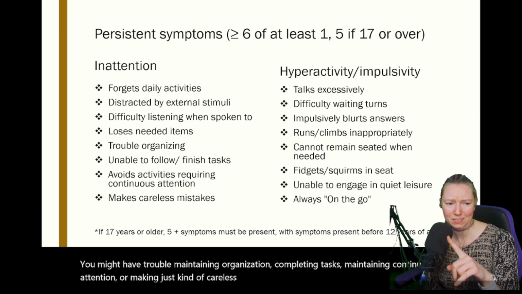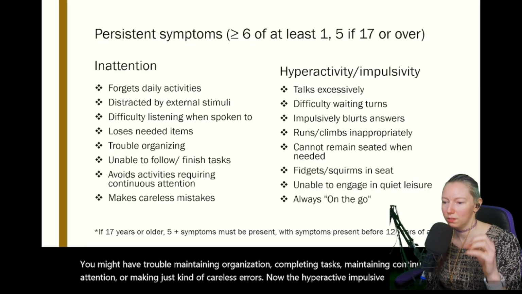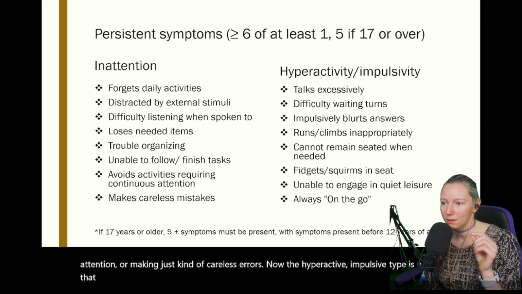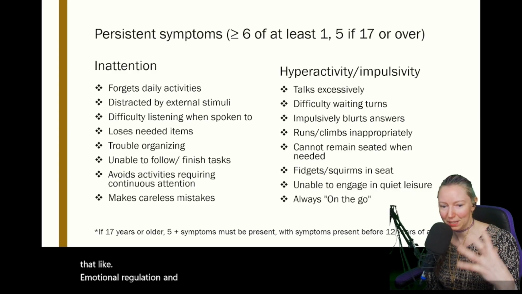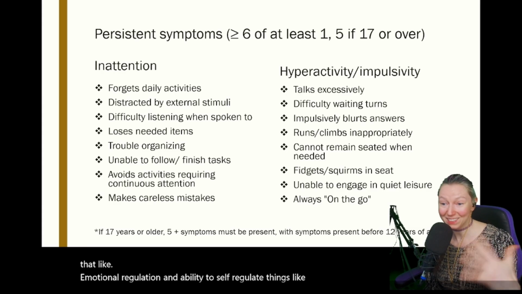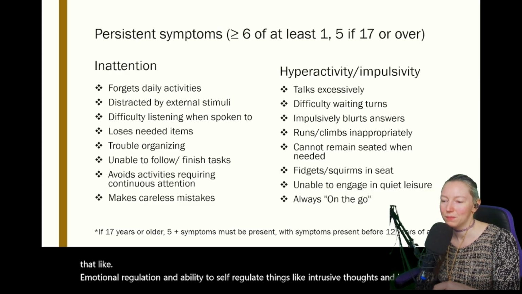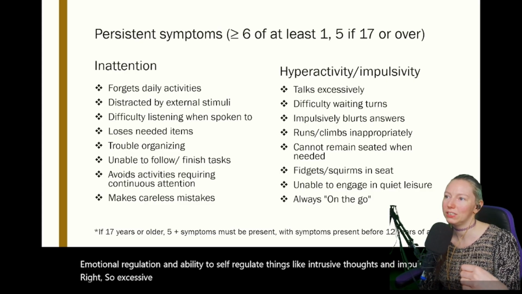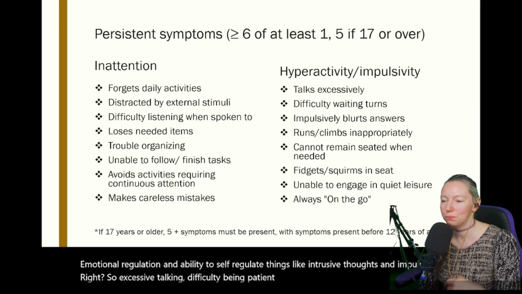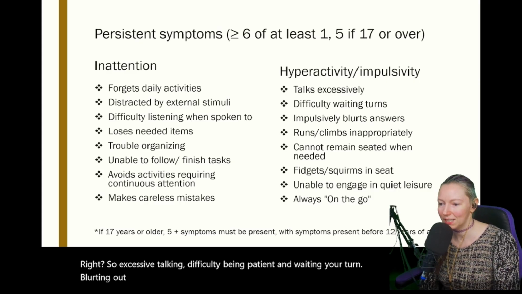Now, the hyperactive impulsive type is more that emotional regulation and ability to self-regulate, things like intrusive thoughts and impulsions, right? So excessive talking, difficulty being patient and waiting your turn, blurting out answers when it's not your turn, acting kind of like you're always on the go.